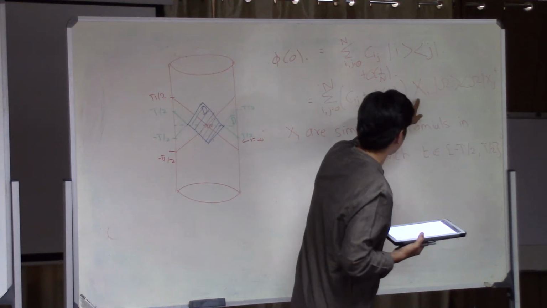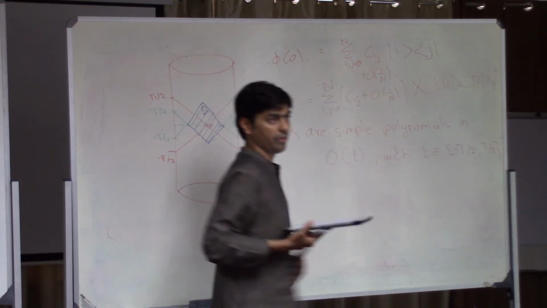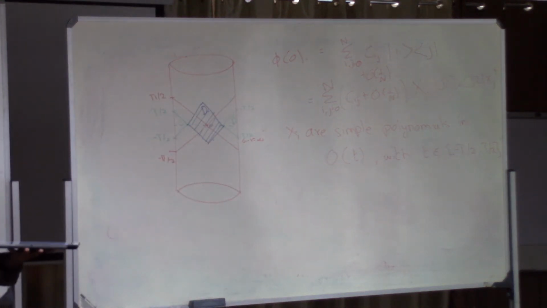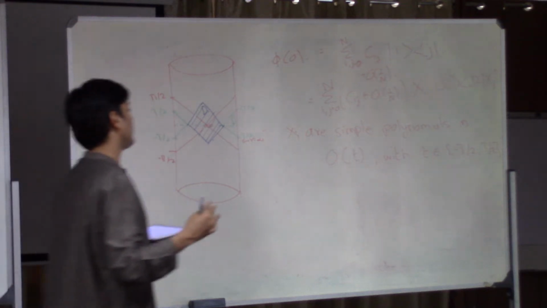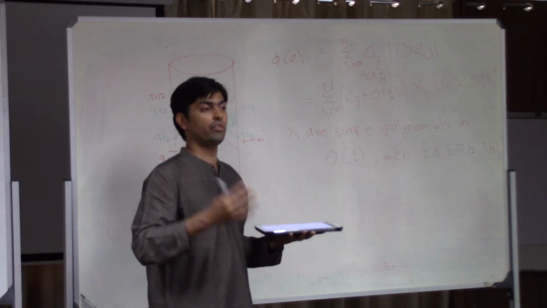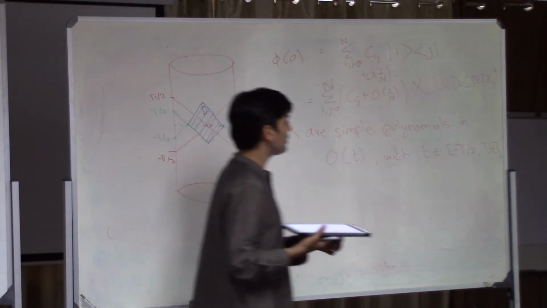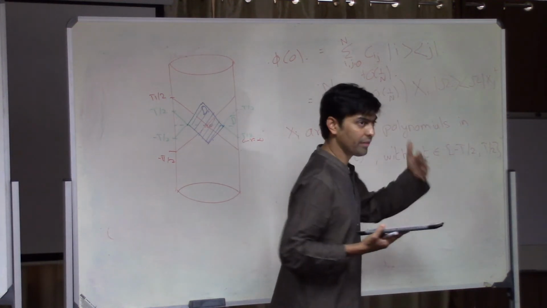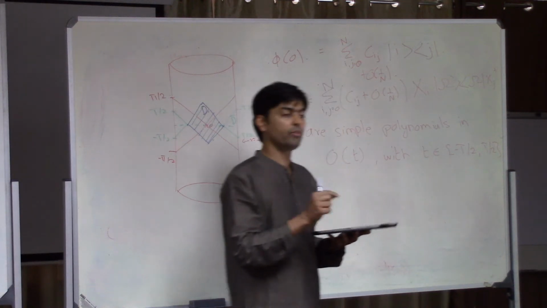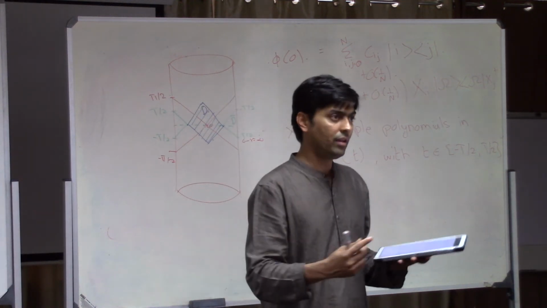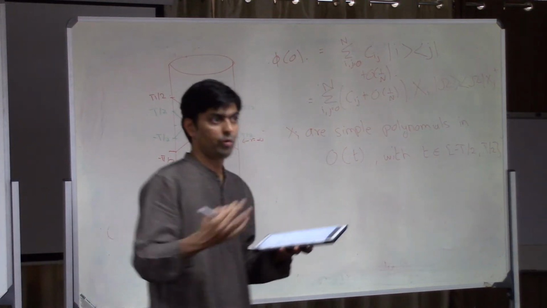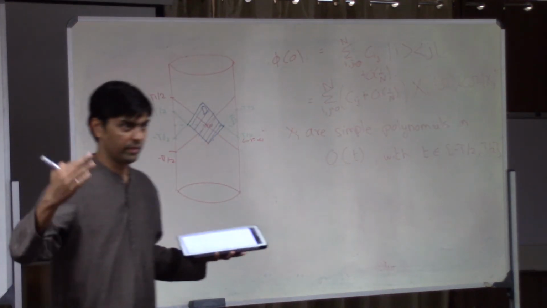Second, these xi's are simple polynomials. In fact, remember in the theorem we just proved, if you had a single particle state, you could create that with just a single trace operator, suitably smeared in the region minus T by 2 to T by 2. So you could take a single trace operator and suitably smear it, not with e to the minus i omega t, but with some other function f of t, which actually you can work out explicitly. If you look at our paper, we worked out what these functions are explicitly.